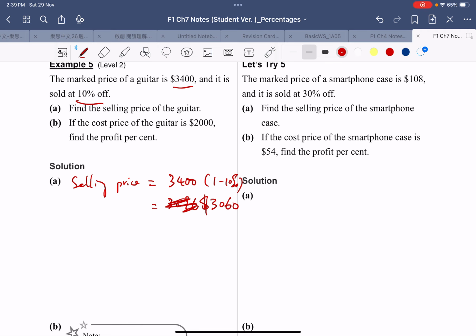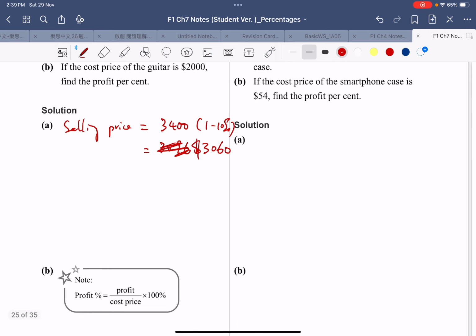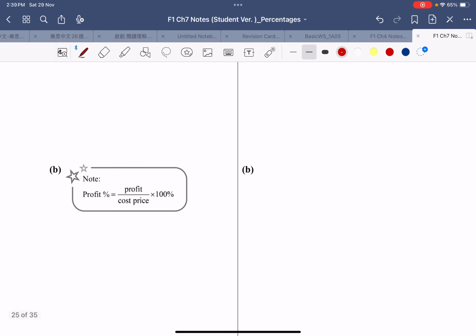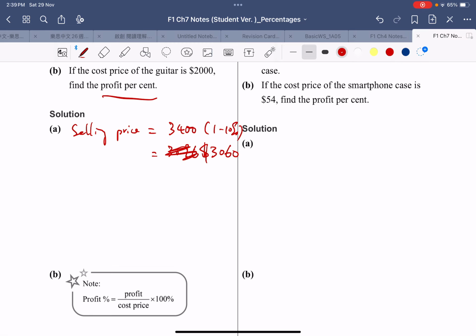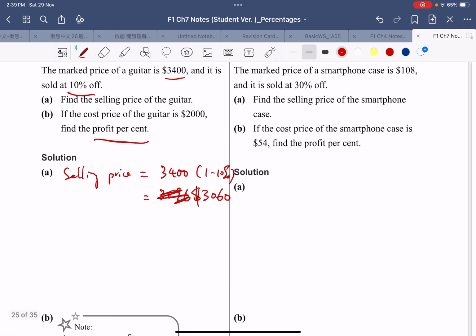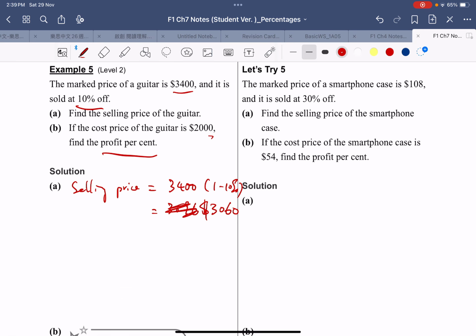Okay, simple. And then you are going to find the profit percent if the cost price of the guitar is this, right?